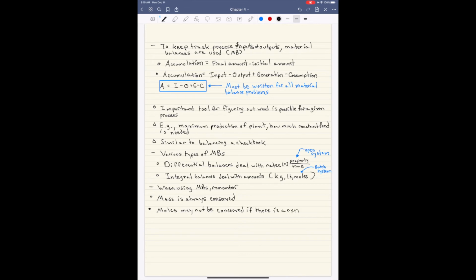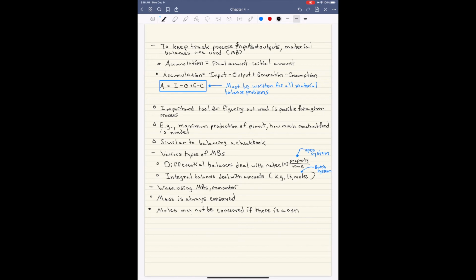For instance, if you had a reaction in which 2 moles of reactant becomes 1 mole of product, that means if you fed 10 moles into your process and the reaction went to complete conversion, you would only get 5 moles of product, right?